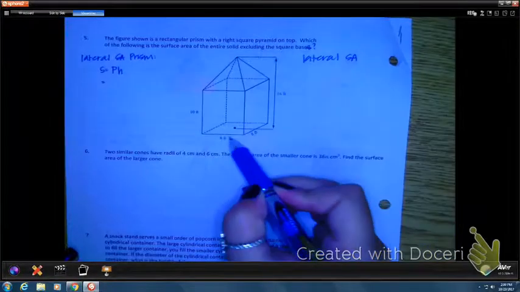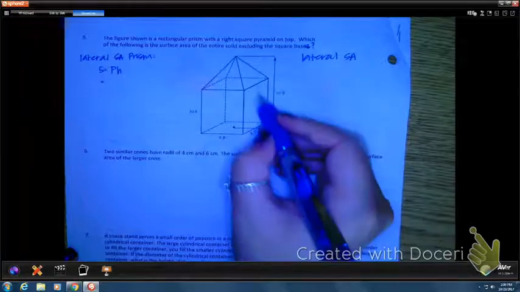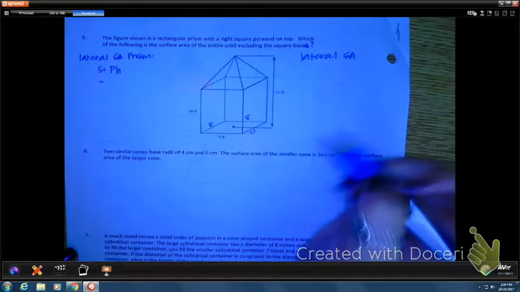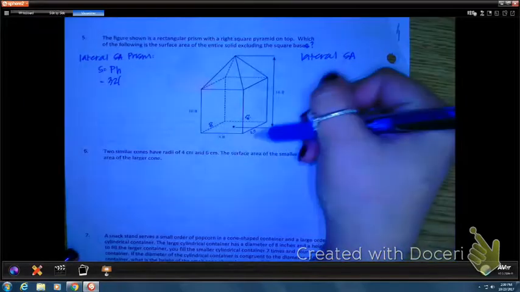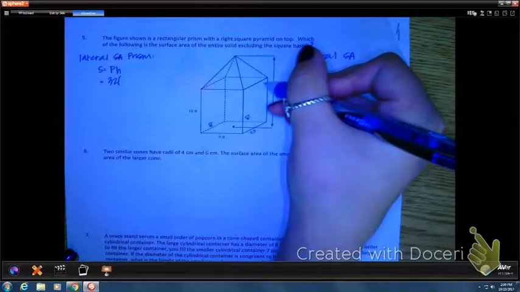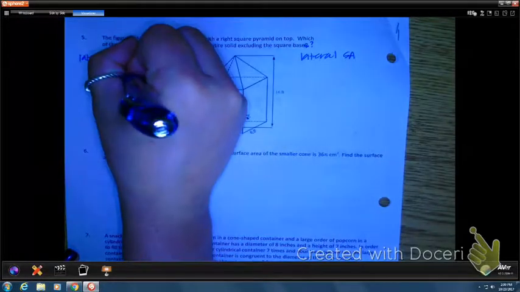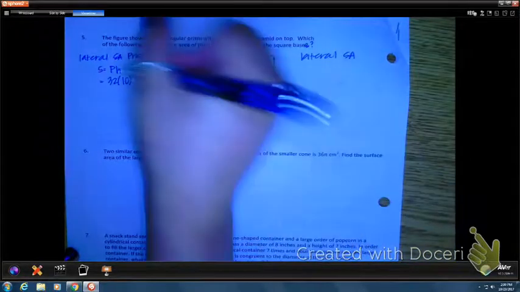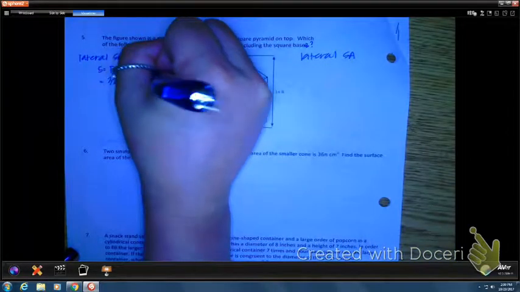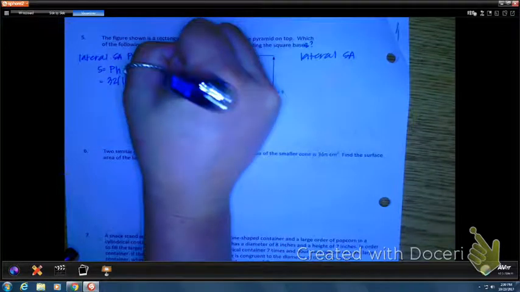Your perimeter is 8, 8, 8, and 8, so hopefully you said 32 feet. The height of your object is 10 feet. So the lateral surface area of your prism is 320 feet squared.